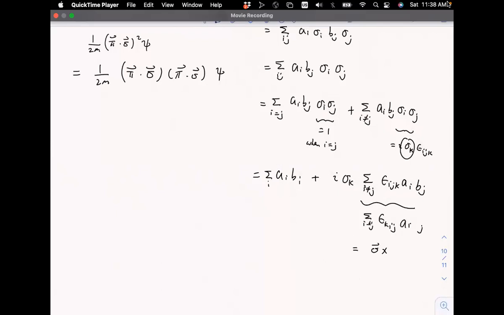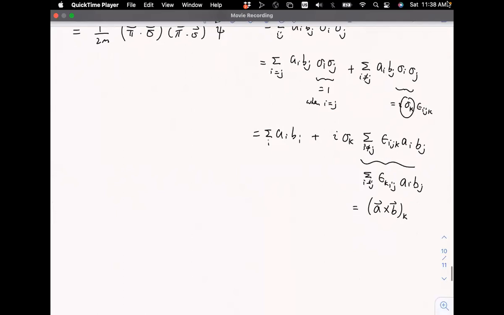So this is just a cross b, the k component. This whole thing here is just a dot b. This is delta k, sigma k, and this is a cross b, k component, and you need to sum them together, right?